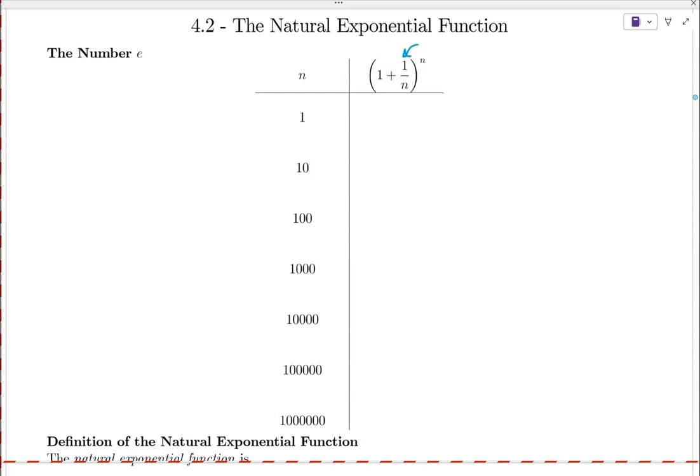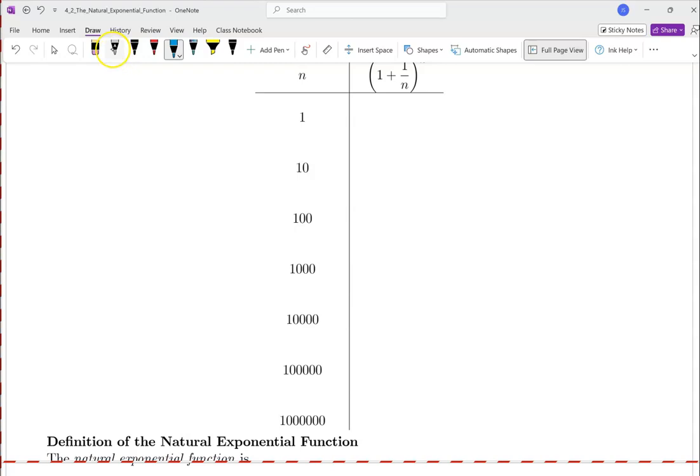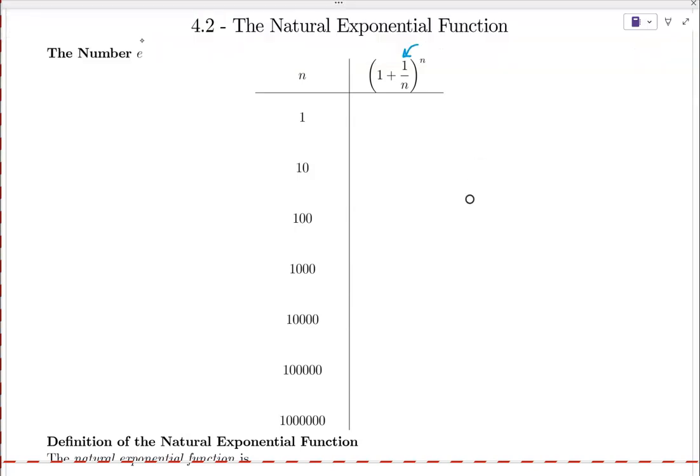That thing I just pointed at, the 1 over n piece. As n gets really, really large, what does 1 over n do? It gets really, really small, right? You're dividing by bigger and bigger numbers. You get smaller and smaller values. So the base is getting really close to 1, the bigger n gets, right?